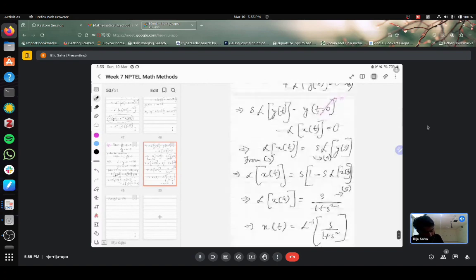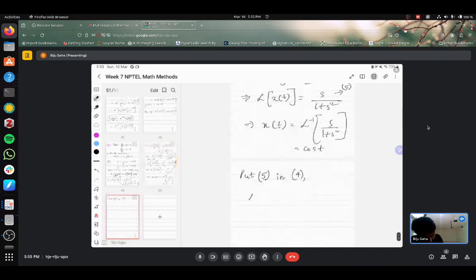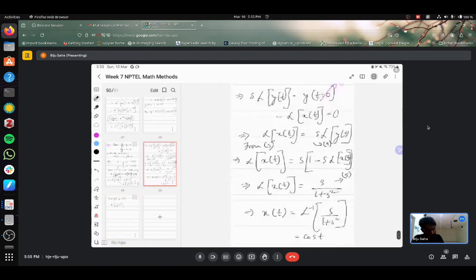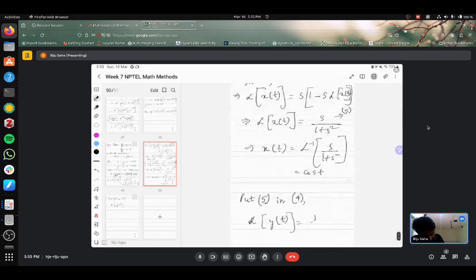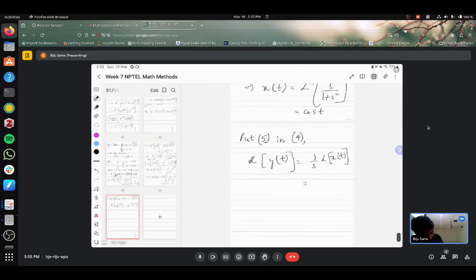What you have is L[y(t)] equal to 1 by s times L[x(t)], that is 1 by s into s by 1 plus s square.